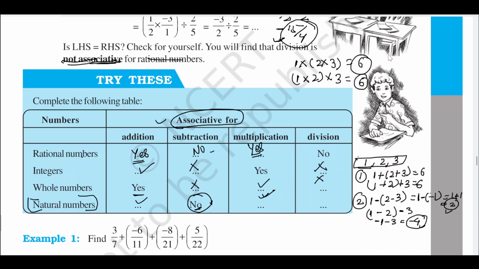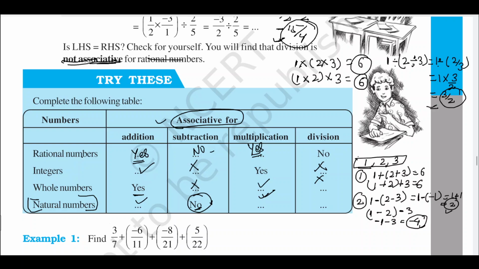For division we will check. We will write 1 divided by, with 2 divided by 3 in the bracket. What are we getting here? 1 divided by 2 by 3. In the second step, 1 into the reciprocal, so 3 by 2. The answer is 3 by 2 for the LHS side.